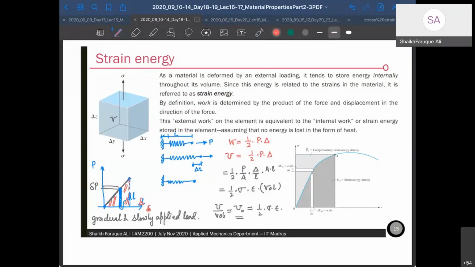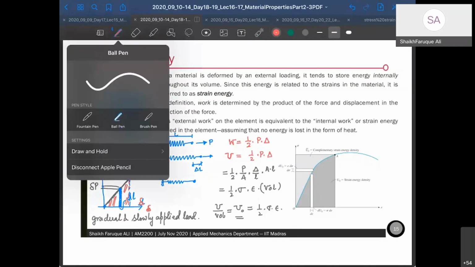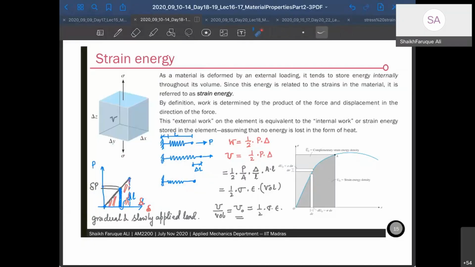And if you see, the deformation will increase. Within its proportional limit, the body is linear, so your load versus deflection curve will be linear if you stay within that proportional limit. Let's say up to this point it is linear.